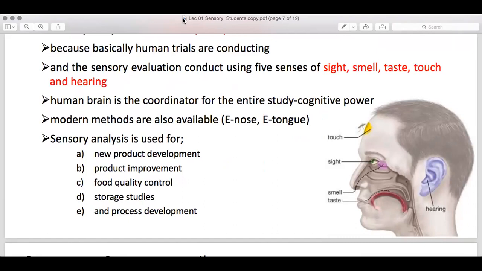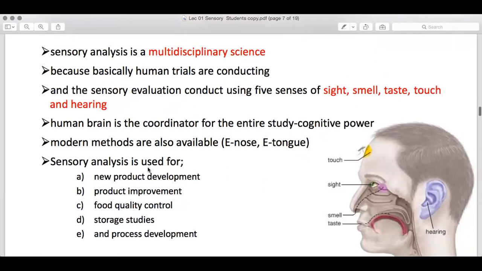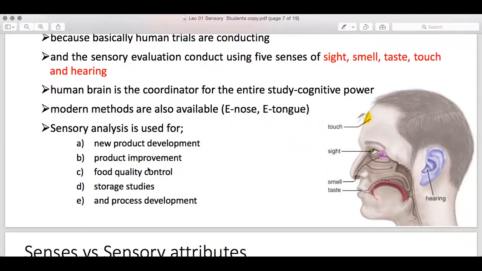So we are using sensory analysis. Besides these applications, there are some other applications to analyze human perception and to determine the factors. What are the factors affecting sensory analysis? Likewise, so many researches are going on.